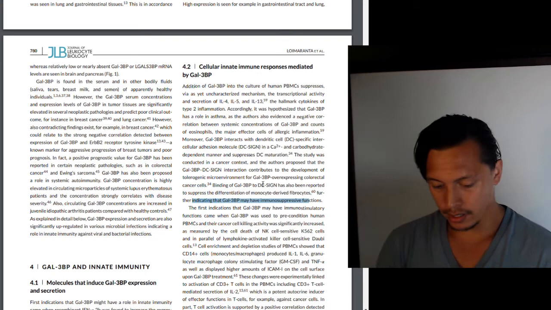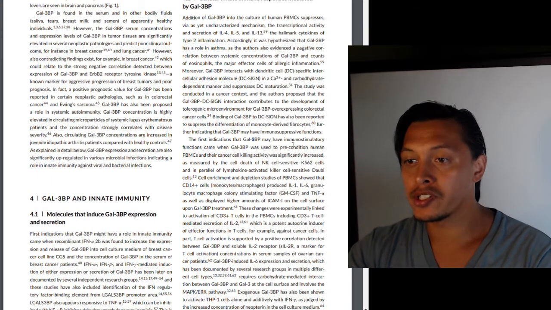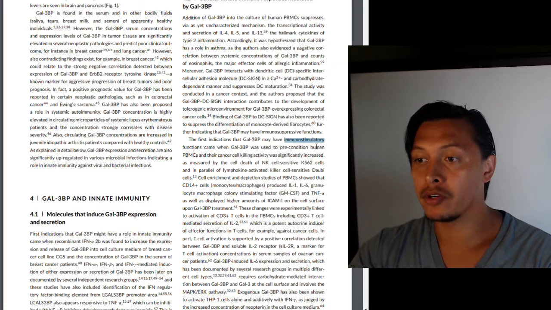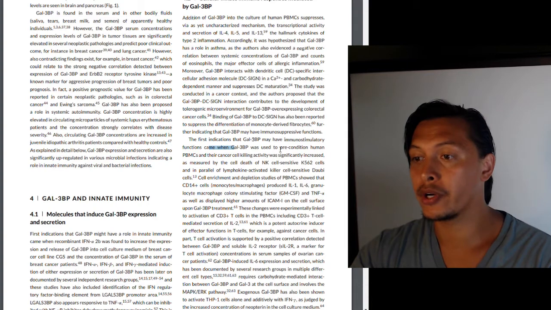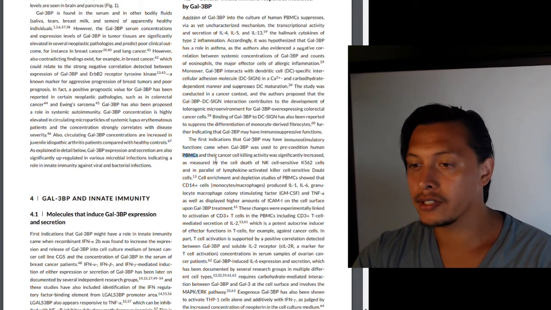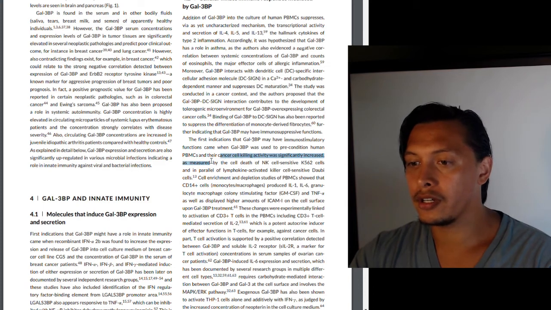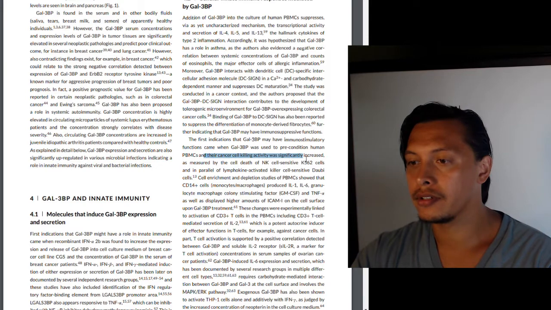The first indication that galectin-3 binding protein may have immunostimulatory functions came when galectin-3 binding protein was used to precondition human PBMC cells. So these are those leukocyte cells, and their cancer killing activity was significantly increased.